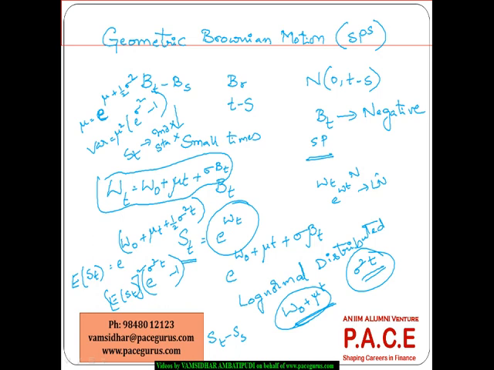So anytime we are working with a geometric Brownian motion, we first take the logarithm of the data, whatever the prices are. Once you take the logarithm, it becomes normal, and the increments come out to be independent and stationary, following a Brownian motion.